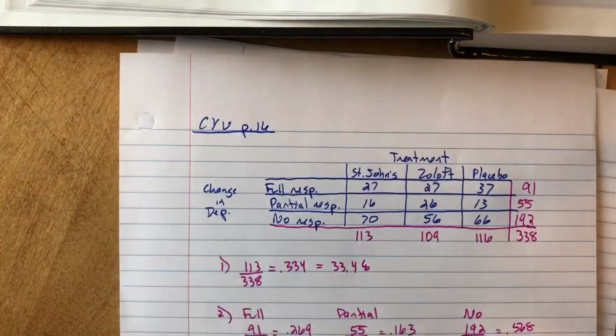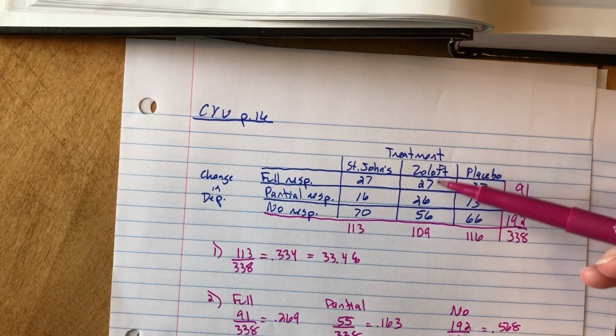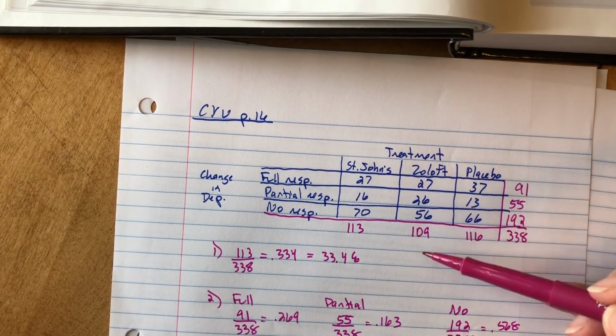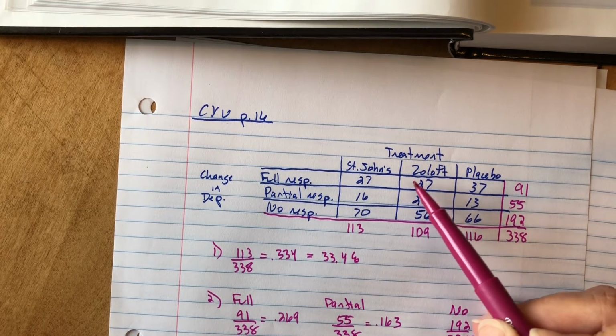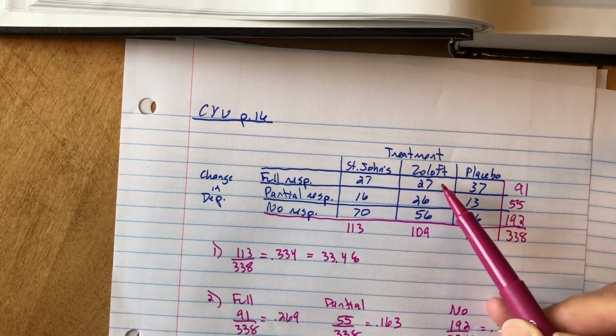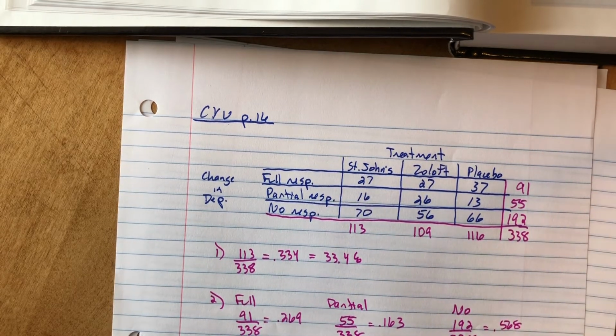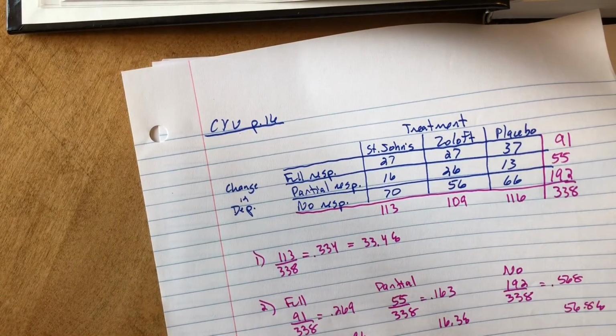So Zoloft, here's Zoloft, and full response, here's full response. So Zoloft and full response, my intersection is 27. So 27 people took Zoloft and had a full response to their change in depression.